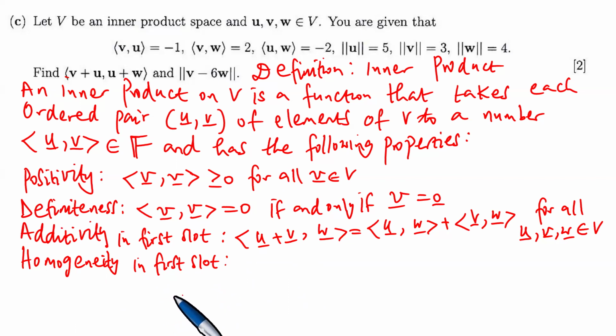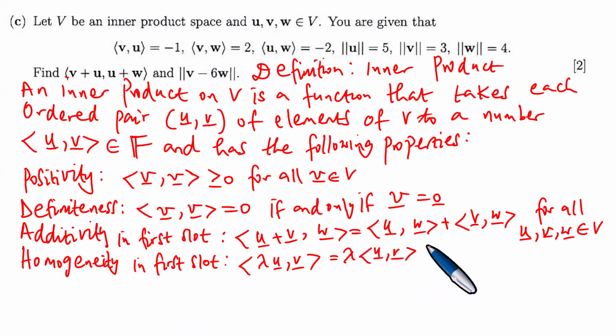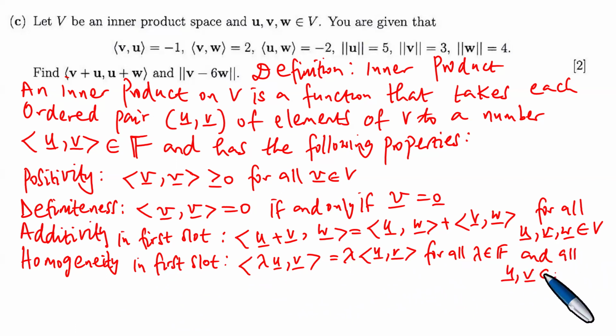Homogeneity in the first slot means that if you have the inner product of lambda U and V, you can pull lambda out of the first slot, and this becomes lambda times the inner product of U and V. This is for all lambda in F and all vectors U, V in the vector space.